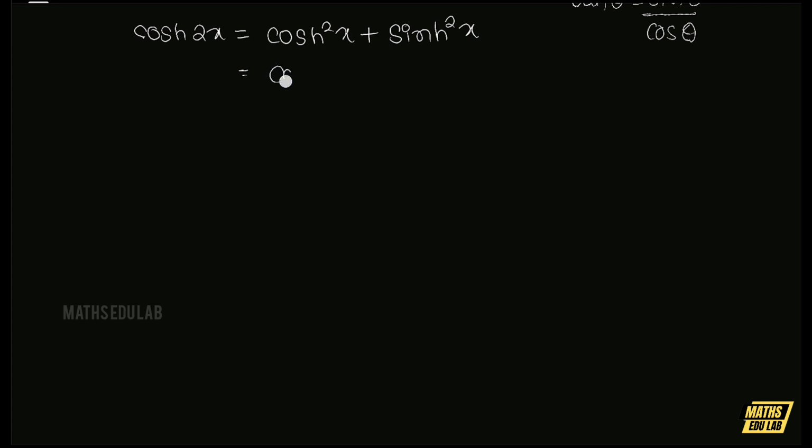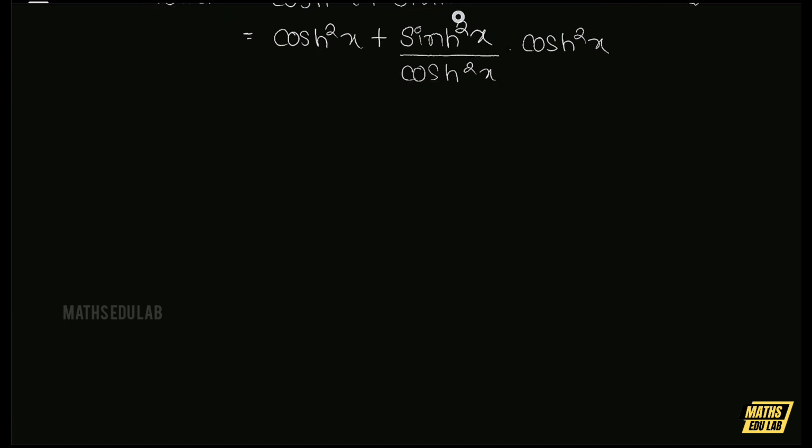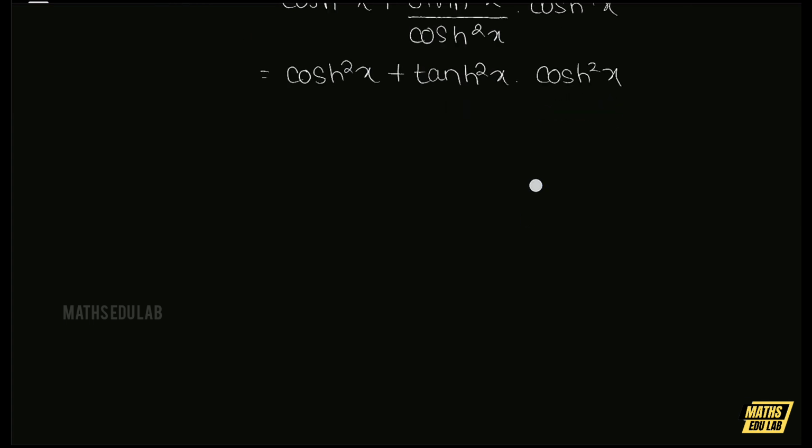So let me write it as cos hyperbolic square x plus sine hyperbolic square x upon cos hyperbolic square x into cos hyperbolic square x. Then this value will be in the form of tan. So cos hyperbolic square x plus tan hyperbolic square x into cos hyperbolic square x.